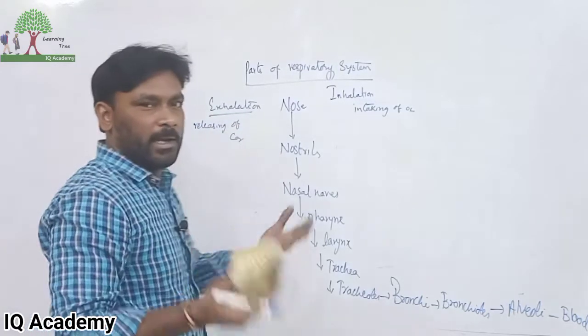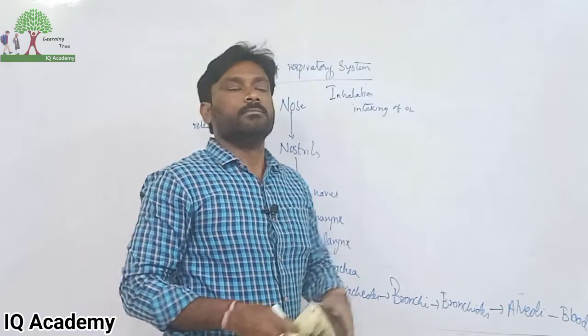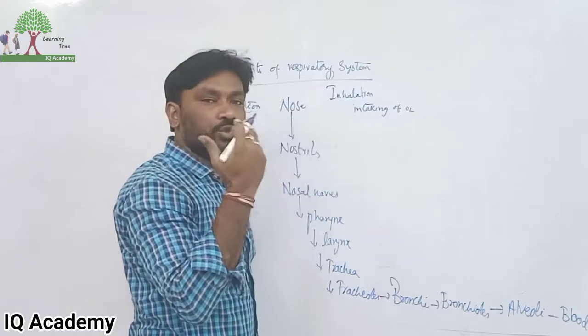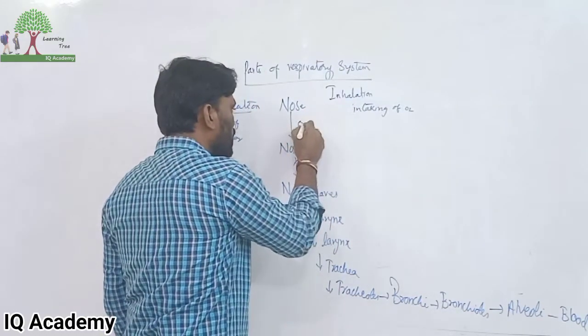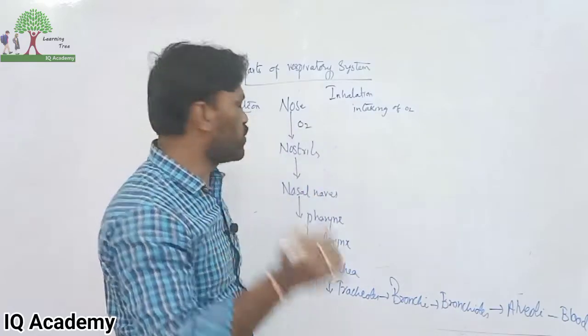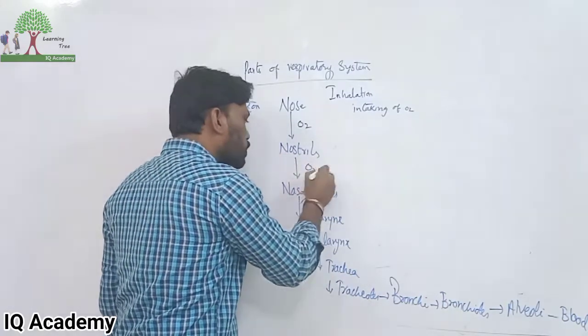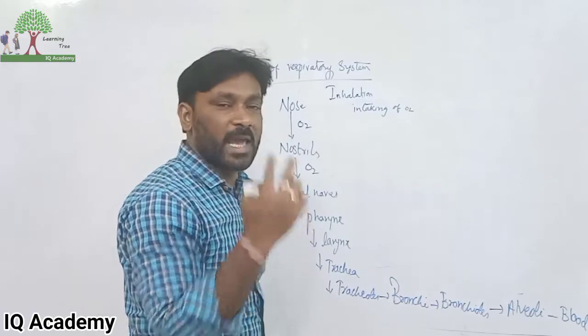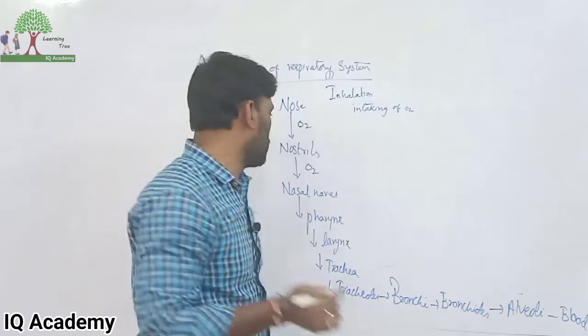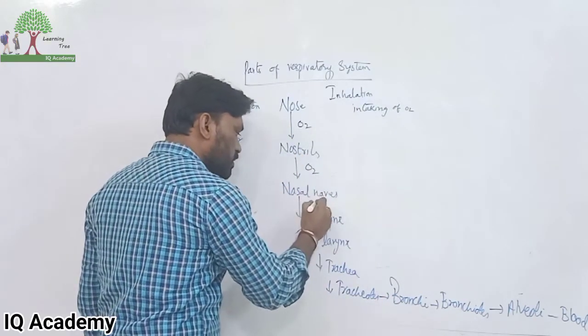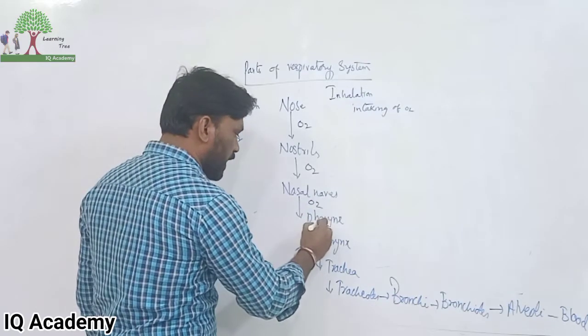When we inhale, oxygen enters through the nose, through the two nostrils. The gap present between these two nostrils is called the nasal nares, and it touches the pharynx.